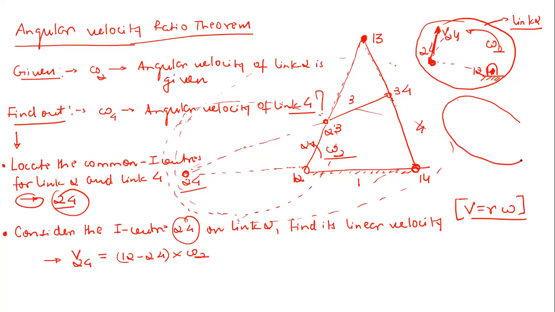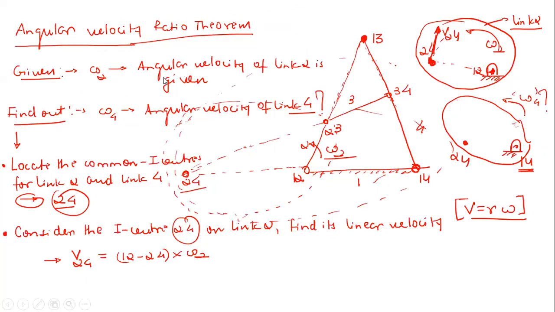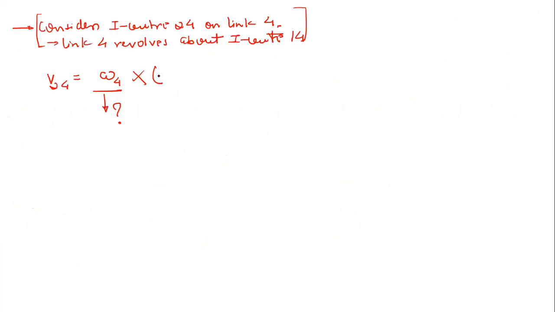You can consider this as a large disk containing this point 24, rotating with some angular velocity omega 4, which we have to find out, about this instantaneous center of rotation 1,4. So this becomes very obvious: V24 is equal to omega 4 multiplied by this radius, which is I24 I14.